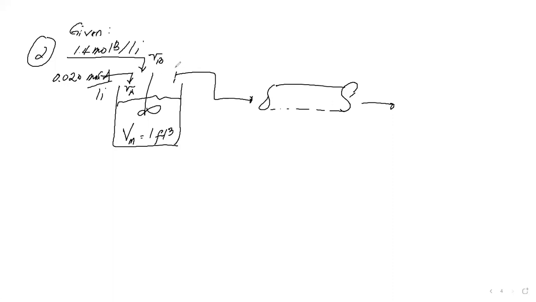Now, it was observed that there's a partial formation of R in the mixing tank. That is why they have concluded that the tank is not a pure mixing tank, but an MFR or a CSTR.